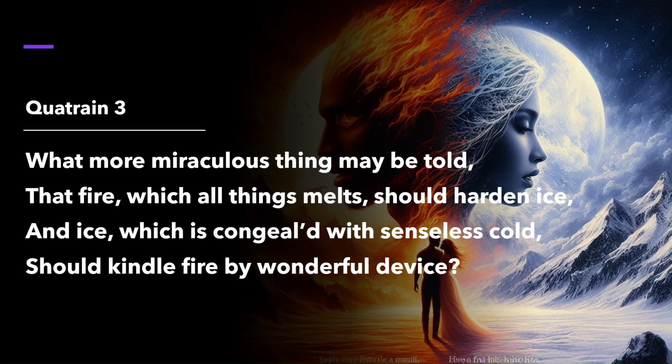It's a miracle, right? Okay, fire, which melts all things, should actually harden ice. It's not melting the ice, it's making the ice harder. And ice, which normally is congealed with senseless cold, it's congealed, it doesn't move. It has super cold senselessness. Should make fire by its coldness, by a wonderful device. That's a good question. How does that sort of thing work? It's a paradox, right?